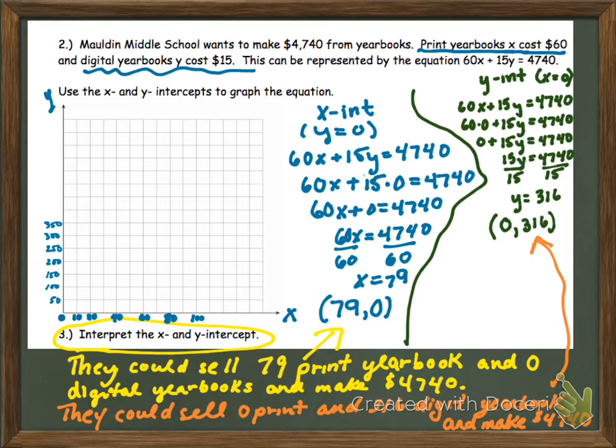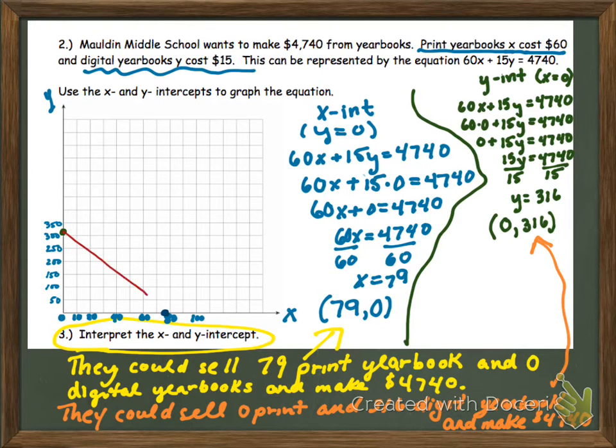Okay. Now we want to graph our intercepts. So the x-intercept was that (79, 0). So we're looking at 79, almost 80, and 0. So that's that spot right there. And then the y-intercept on the y-axis is (0, 316). So that's going to be just above 300 on the y-axis. And then we want a line that goes between those two.